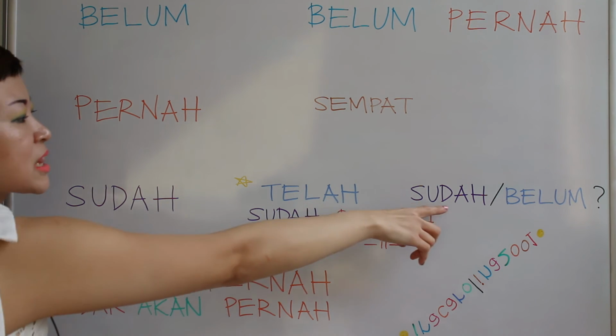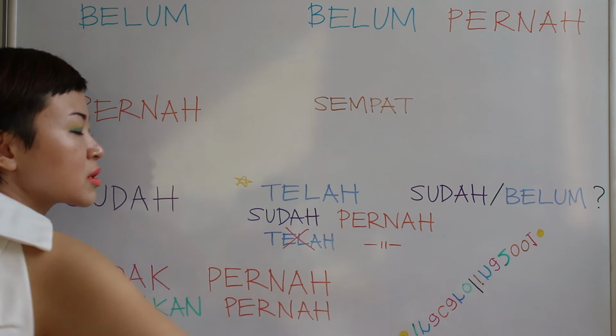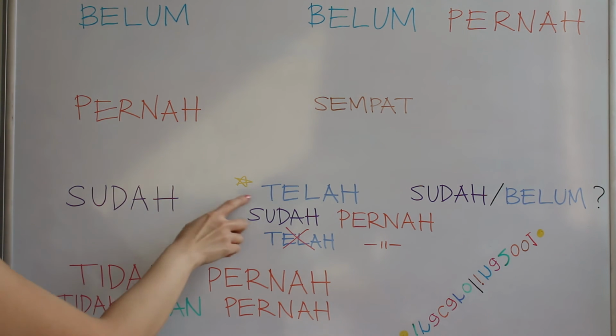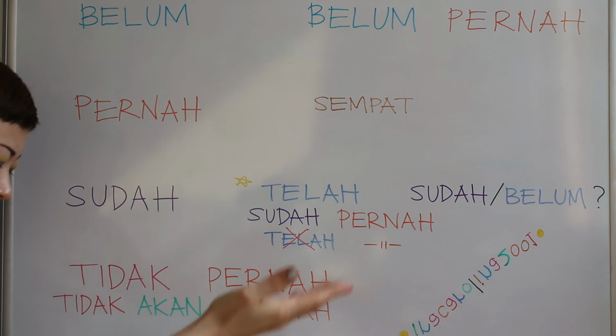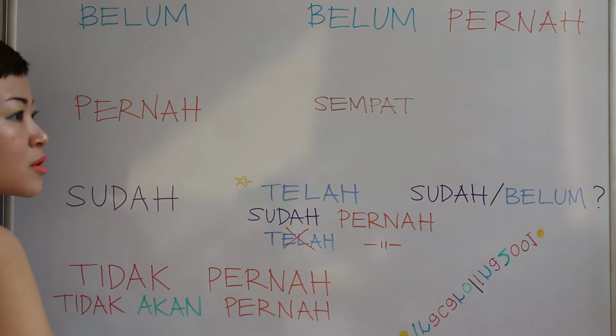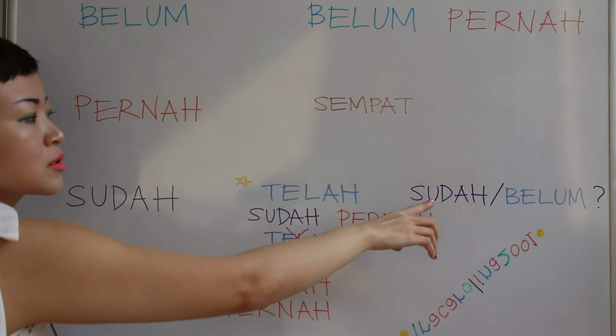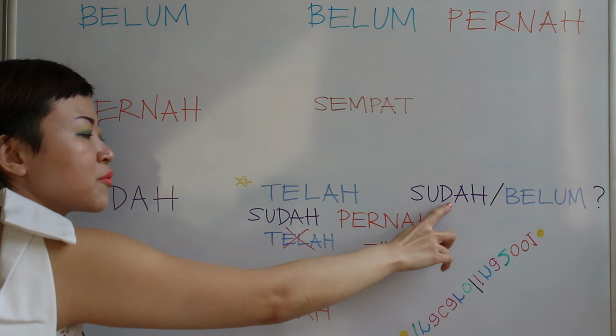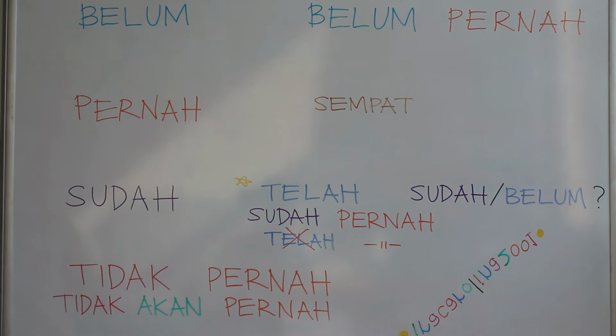But we don't say "telah atau belum." We can replace sudah with telah for politeness, but when you ask, you don't say "telah atau belum." We keep saying sudah.